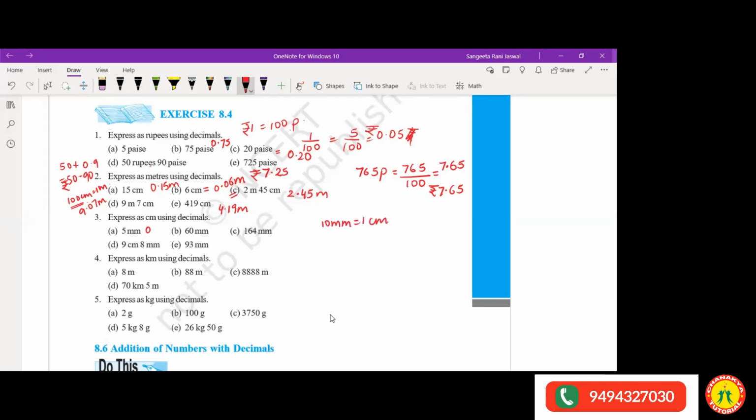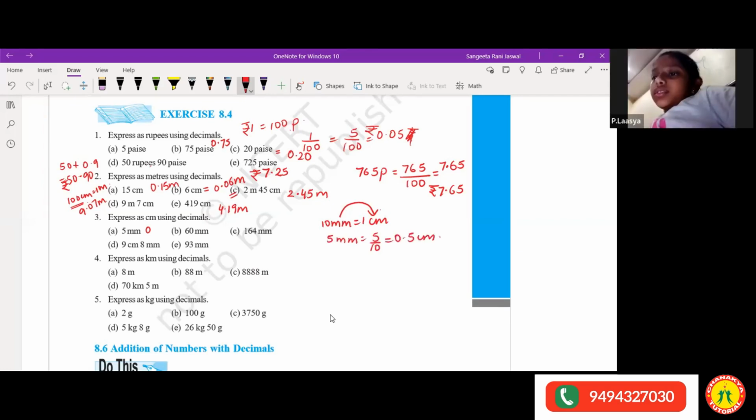So when you convert millimeter to centimeter, you always divide by 10. When you are moving from a smaller unit to a bigger unit, you divide by 10. So 5 millimeter divided by 10 gives 0.5 centimeters. Okay, Lasya?